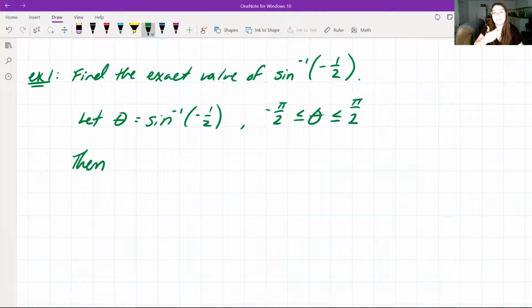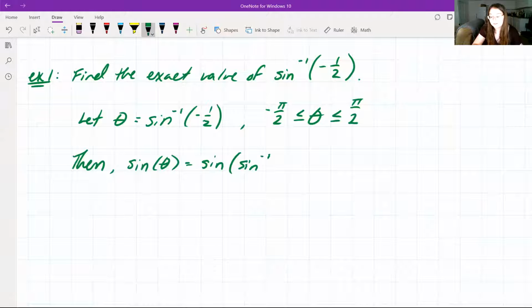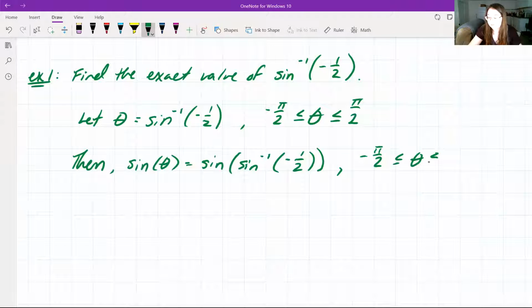So we get sine of theta is equal to sine of sine inverse -1/2. And theta is still between -pi/2 and pi/2.